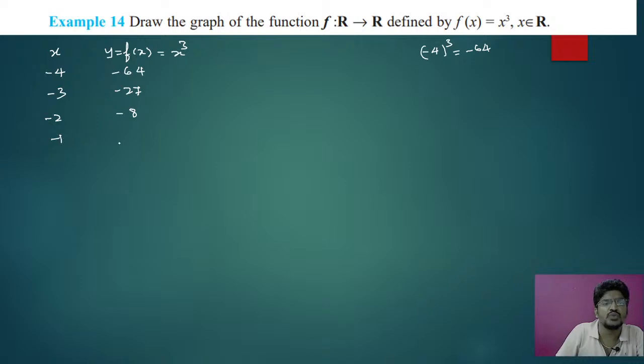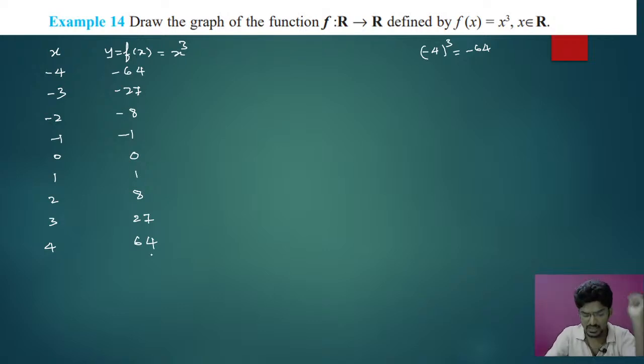Next, minus 1 will be minus 1, 0 will be 0, 1 will be 1, 2 will be 8, 3 will be 27, 4 will be 64. Clear? So these are going to be the outputs for f of x equal to x cube.